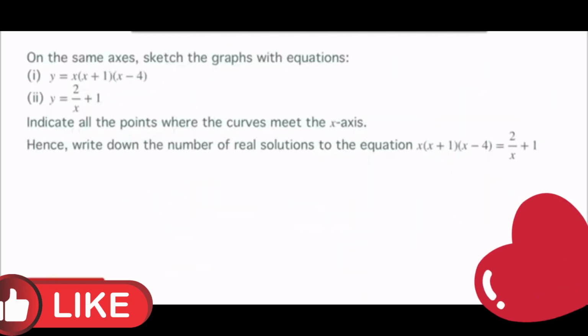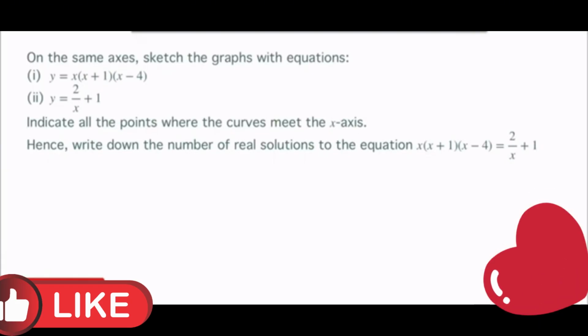It says here on the same axes, sketch the graphs with equations, and then we have these two equations to draw here. So we've got y equals x brackets x plus 1 brackets x minus 4, and we also have this other graph, y equals 2 over x plus 1.